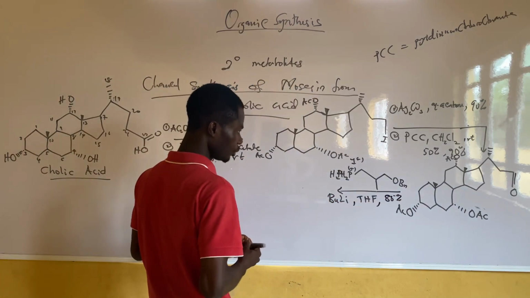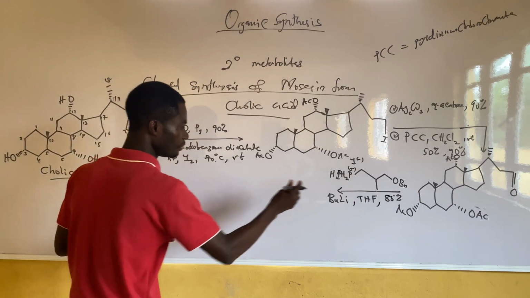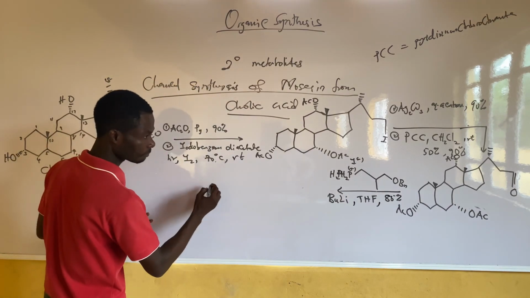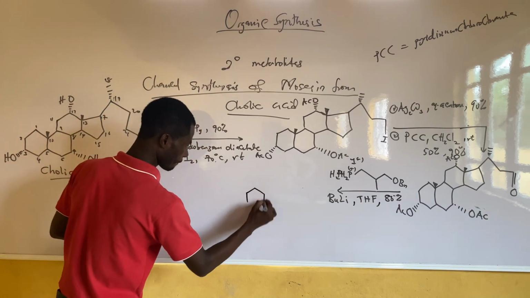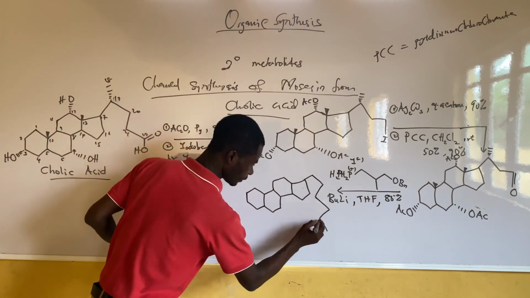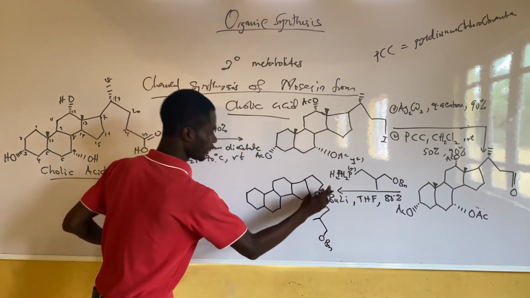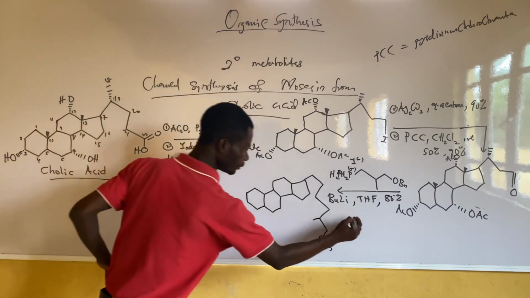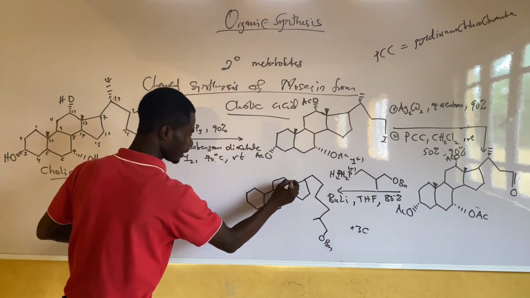If that is all right, then what we obtain is this. So we have this. Don't forget we have introduced another 3 carbon addition to what we started with earlier.